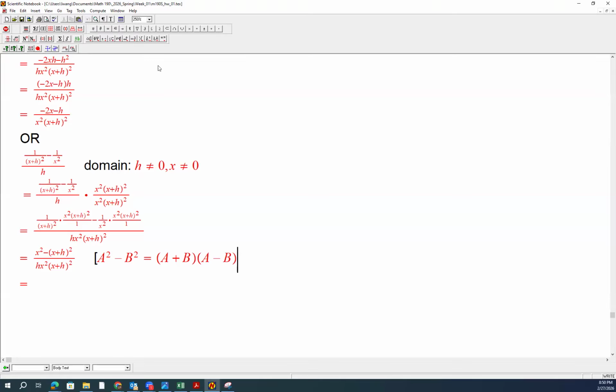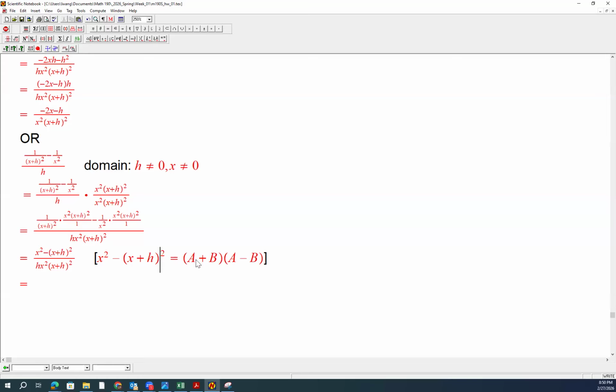With that, our a would be x squared, and b is x plus h.